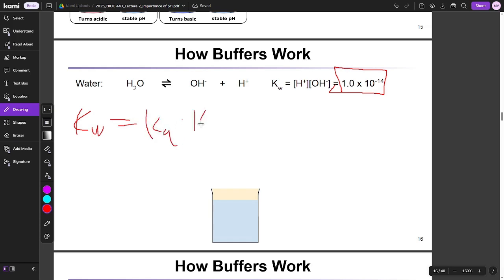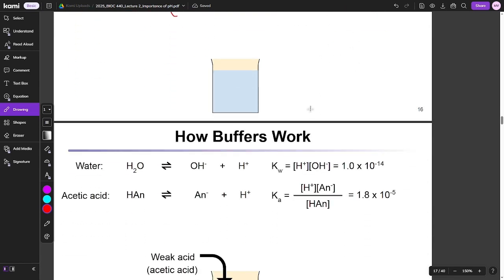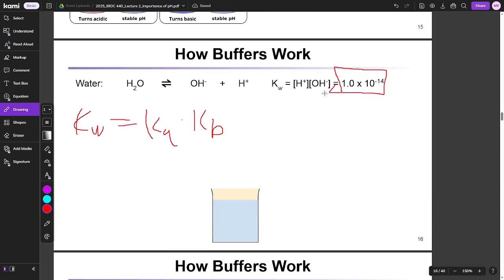The whole idea where we use pKa plus pKb equals 14 also comes from this idea of Kw, which is 10 to the negative 14th. So just keep that number in mind for the dissociation constant of water. But it doesn't really matter too much. I don't think I ever really had to use this when I was in biochem, but you never know.